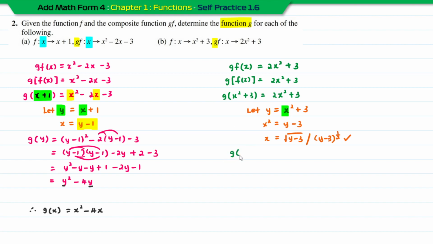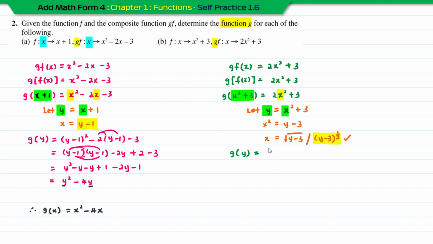Now this x squared plus 3 here, we replace it with y, because we said that y is equal to x squared plus 3. So g(y) equals, and for the x here, we replace it with (y minus 3) to the power of 1 over 2.